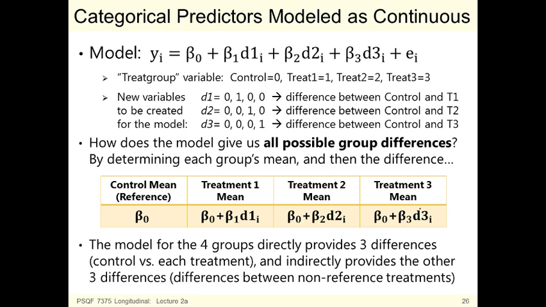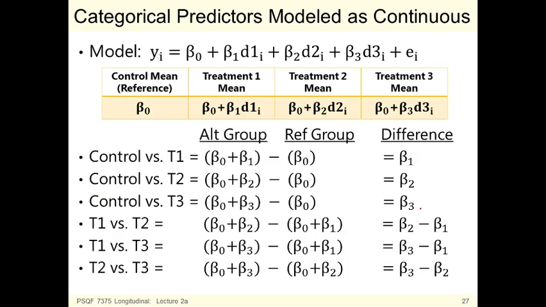So we know from this output, by default, whether D1, D2, and D3 are significant. We know whether control versus each of the treatments is significantly different, but we don't know the implied differences among the treatments. Here's how we get them. The math is simple.